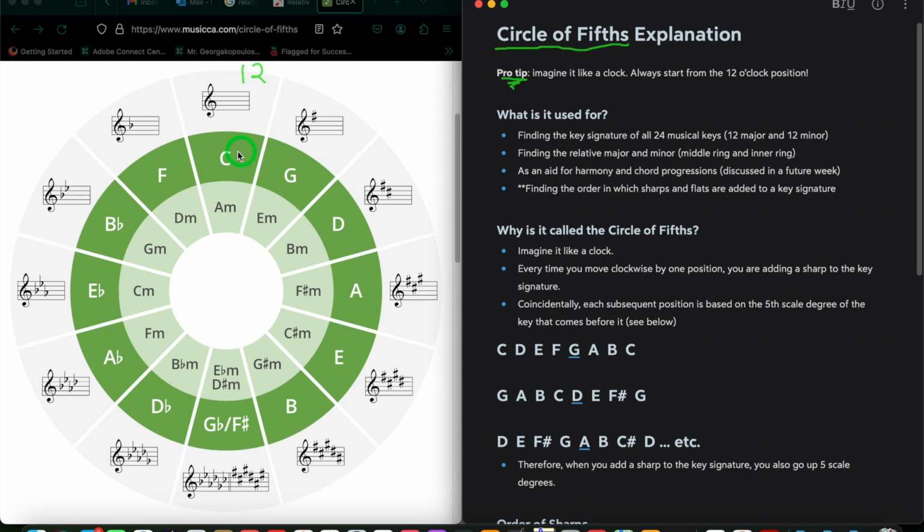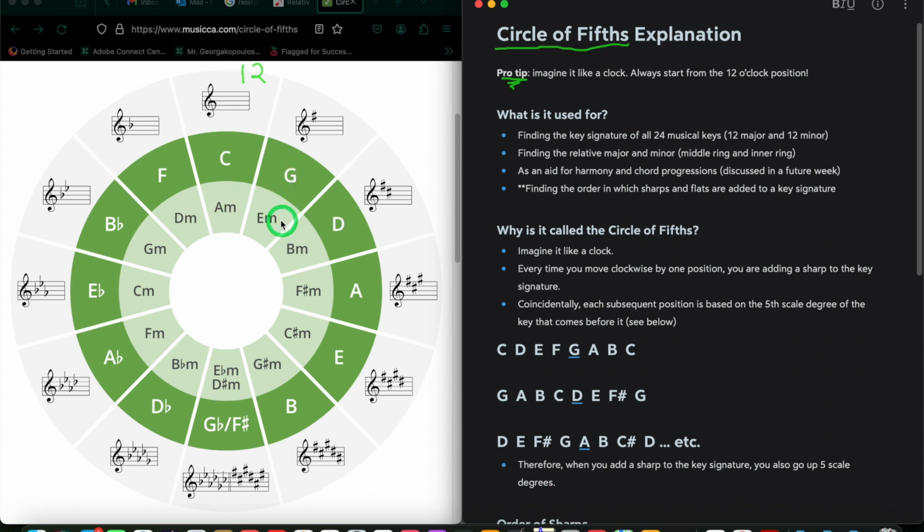So if you were to read this segment of the pie, it basically says that C major and A minor have the same key signature. If this is starting to sound familiar, perhaps relative pairs, relative major, relative minor, you would be exactly right.